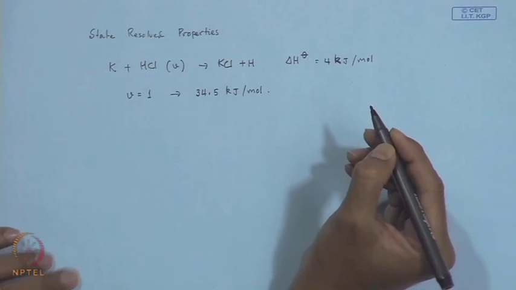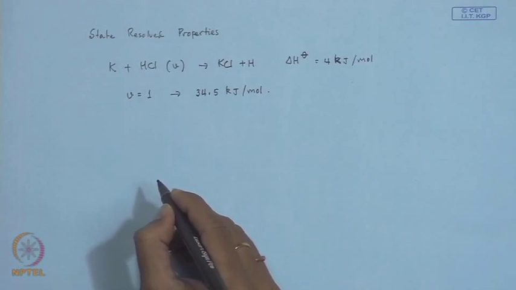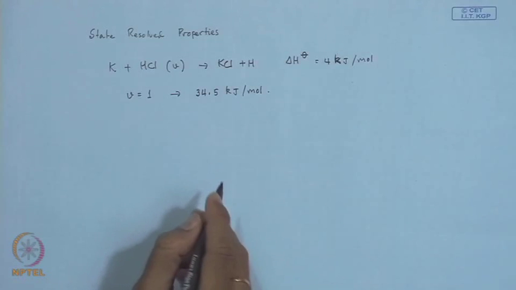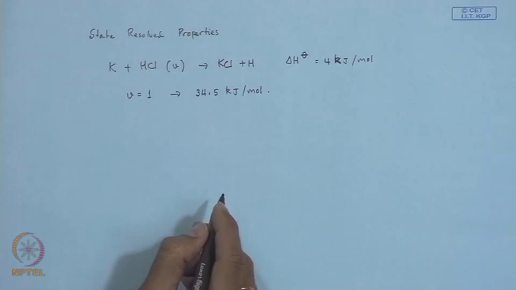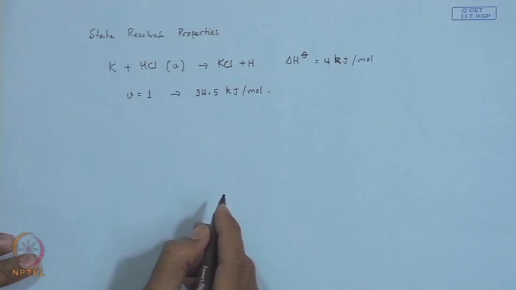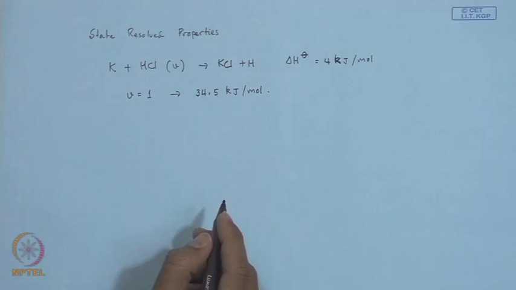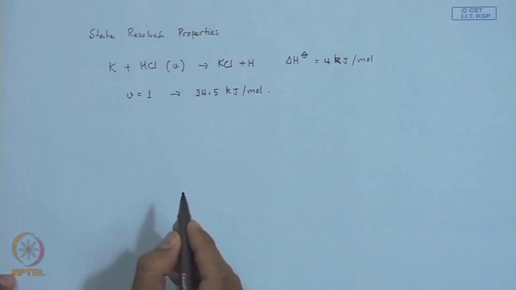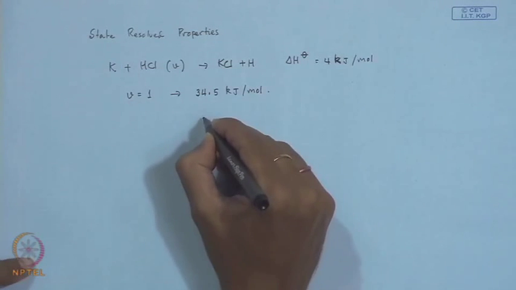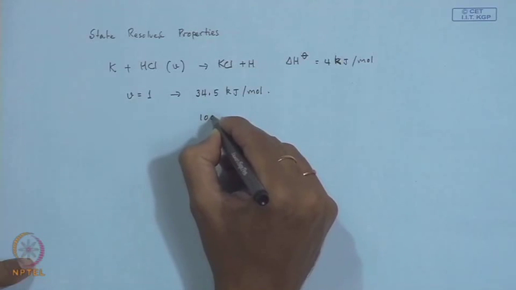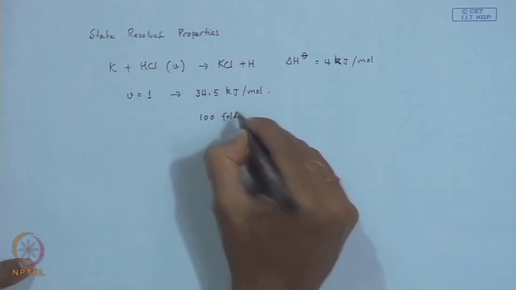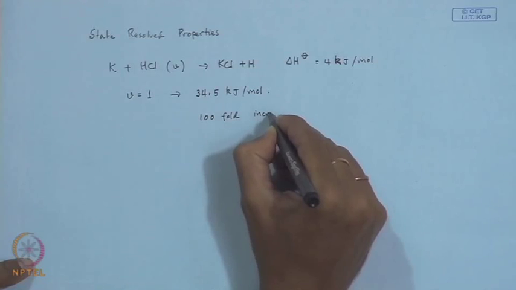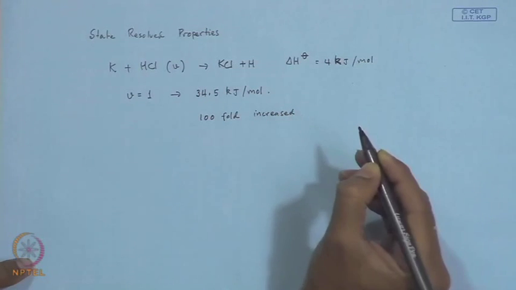Now, if you put this energy into HCl, thereby generating the vibrationally excited HCl, then it has been found that the rate is increased 100-fold.